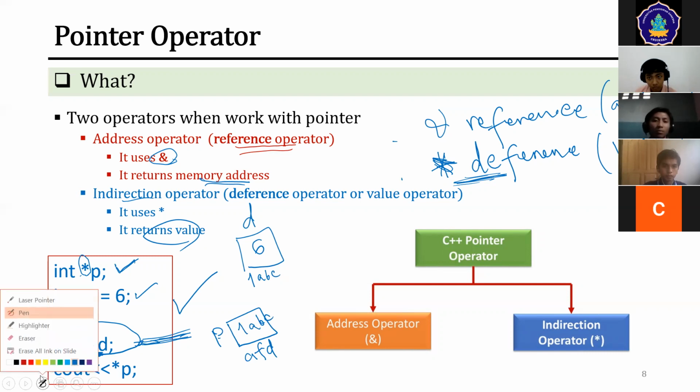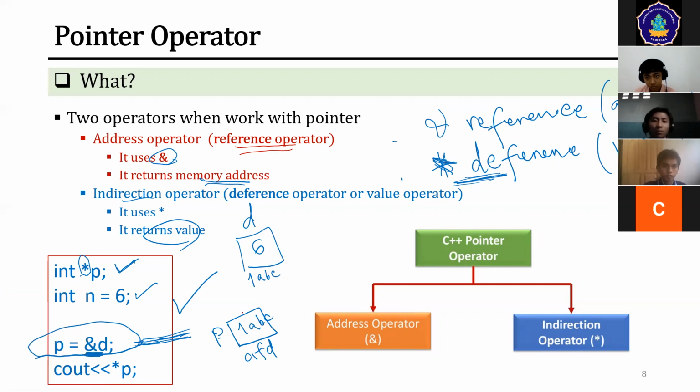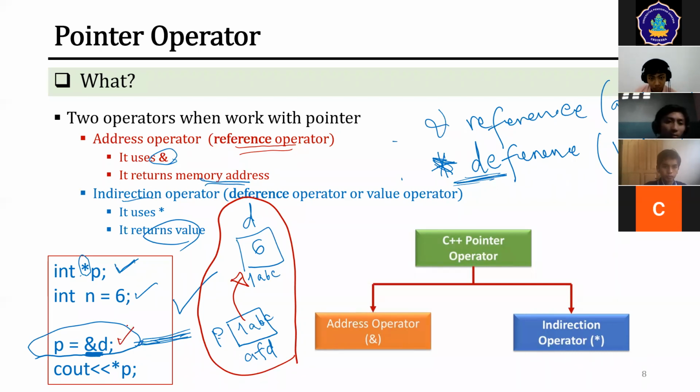It's the same as what we mentioned here: this one points to this one. This is the meaning. You have d and you have p. P has its own address also, but it stores the address of d, because we put the address of d to be stored in p. And finally, we can display the value that this address stores.